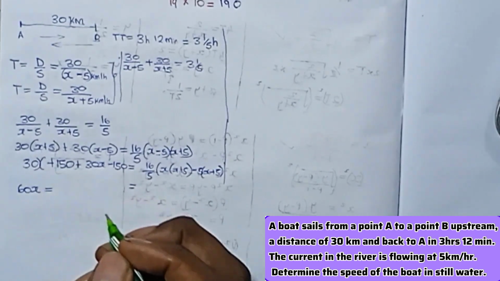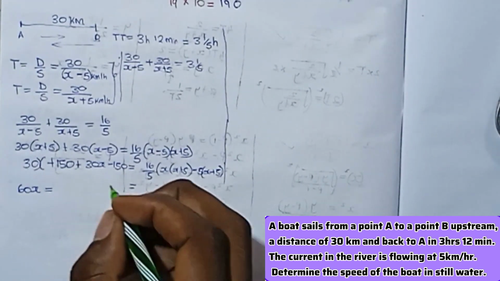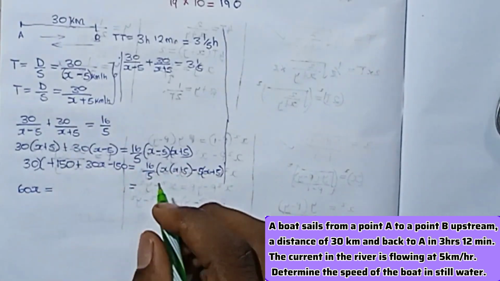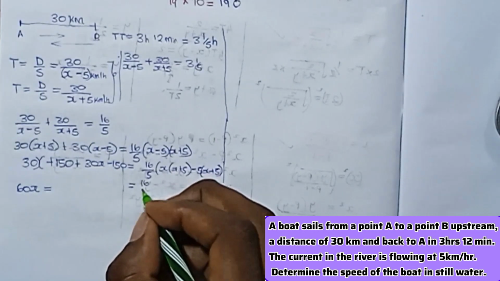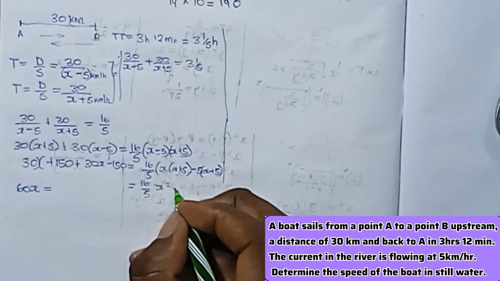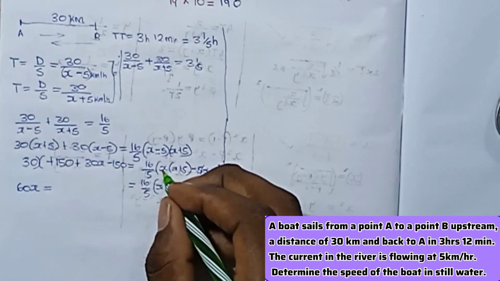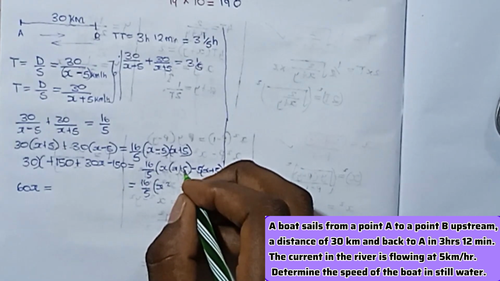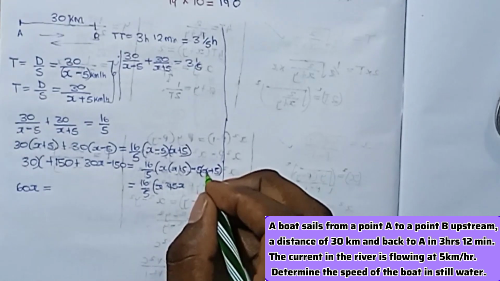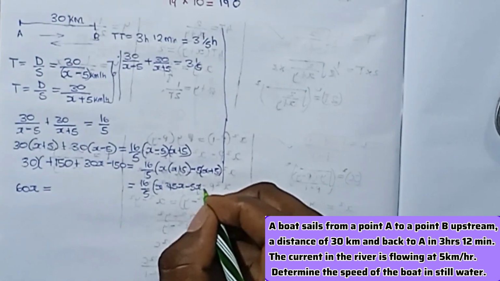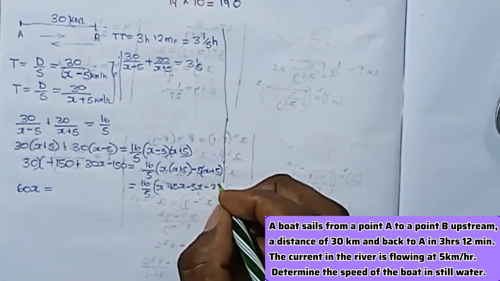On the right, x multiplied by x is x square, x multiplied by 5 is 5x, and this equals minus 5x minus 25.